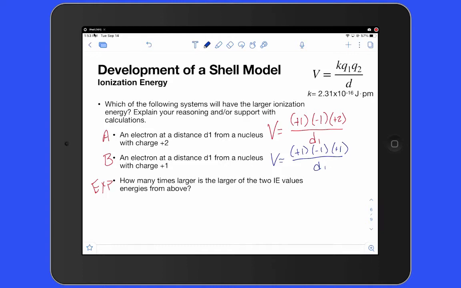Make up a number for D1. What do you want D1 to be equal to? 50. Okay.